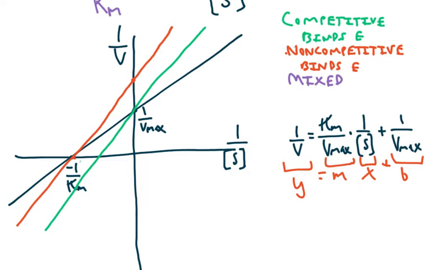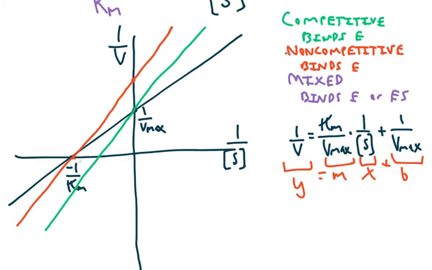In the mixed inhibitor, you can bind the enzyme, but you can also bind the enzyme-substrate complex. That makes things very interesting. So for the mixed inhibitor, you are going to alter the Km, and you are going to lower your Vmax. The interesting thing about altering the Km is it could be higher or it could be lower, and we don't know.